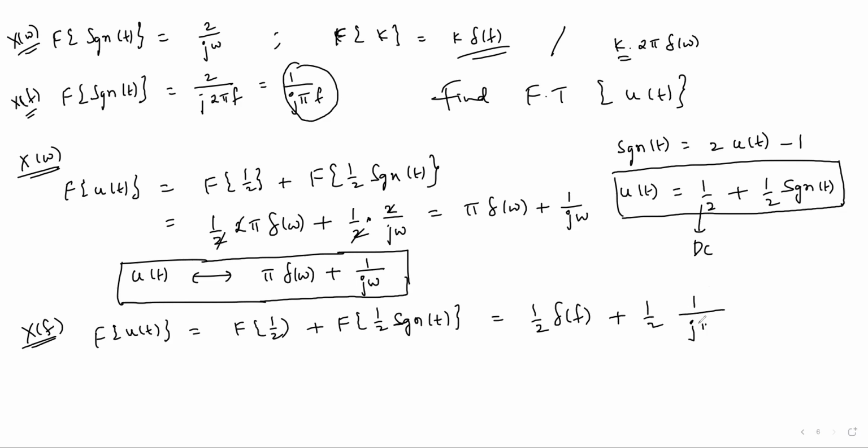So the Fourier transform of u of t in f analysis is 1 by 2 into del of f plus 1 by j pi f.